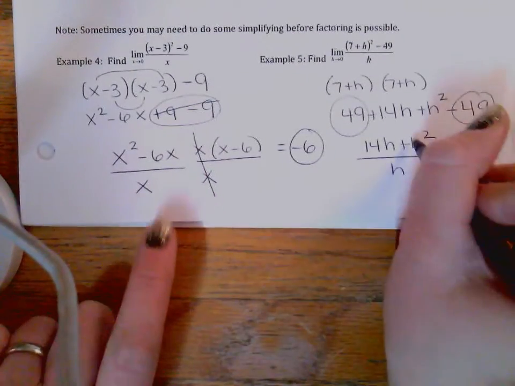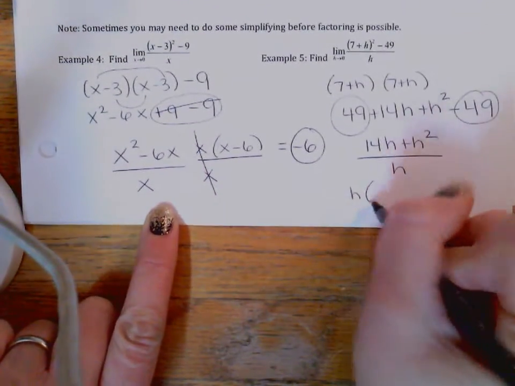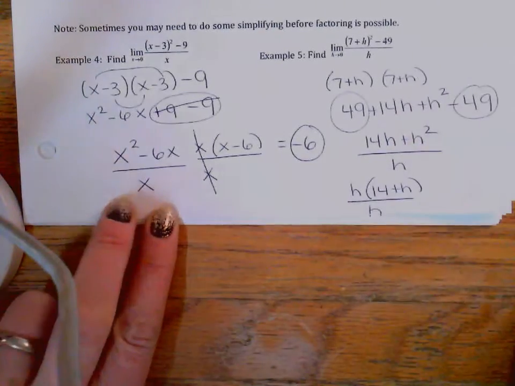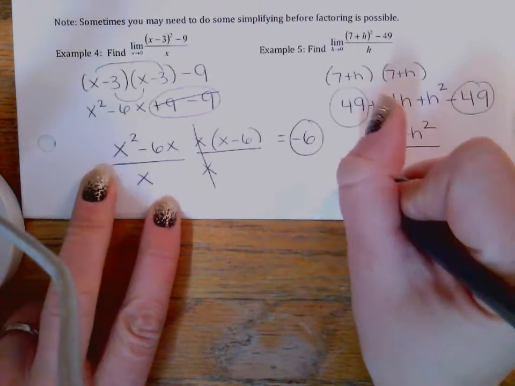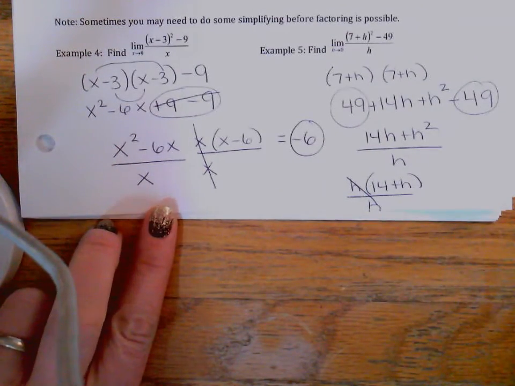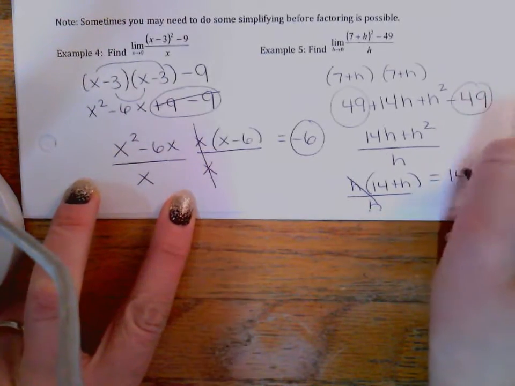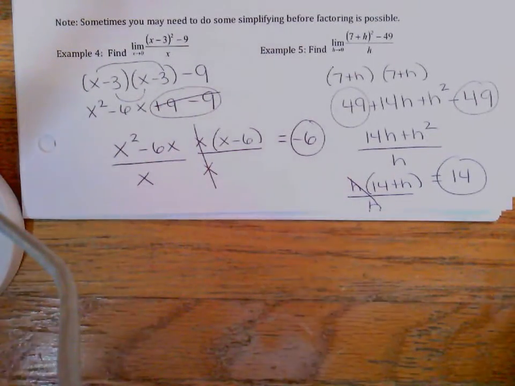Now I'm going to factor out an h. h times 14 plus h is what I would have left in the numerator. Cancel my h's. Now I have to plug in 0 to find the final limit. So the final limit is 14.